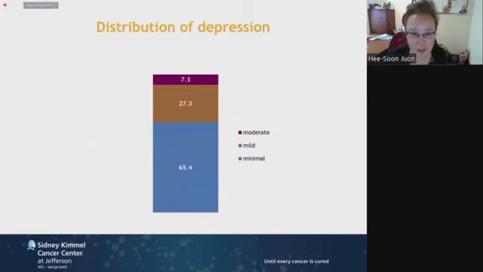If we look at the distribution of the outcome, depression, about 2/3 reported they had minimal depression, and another 1/3 had mild to moderate depression.